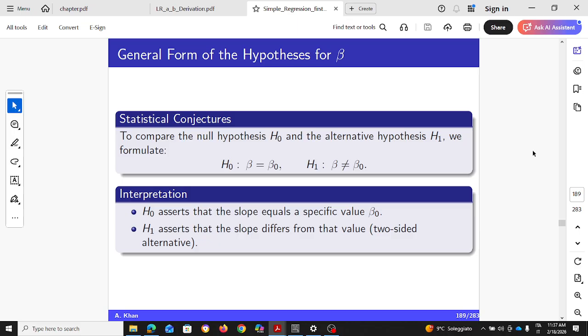And then we do our tests. If the results of our test are equal to the value we fixed a priori, we accept the null hypothesis. We say, yes, this is true. If the value from the tests is different from the null hypothesis, then we say no. We reject the null hypothesis and we accept the alternative hypothesis, which is two-sided.